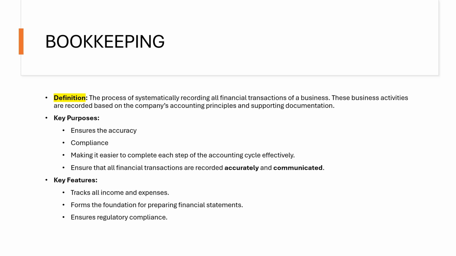So the key purposes of doing bookkeeping are to ensure accuracy and compliance, making it easier to complete each step of the accounting cycle effectively, and also to ensure that all financial transactions are recorded accurately and communicated clearly. The key features are that it tracks all income and expenses, forms the foundation for preparing financial statements, and ensures regular compliance.